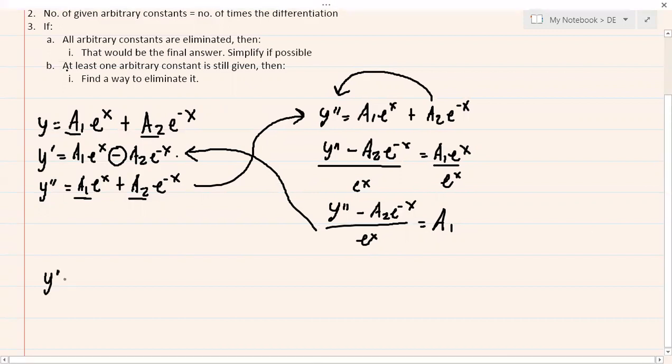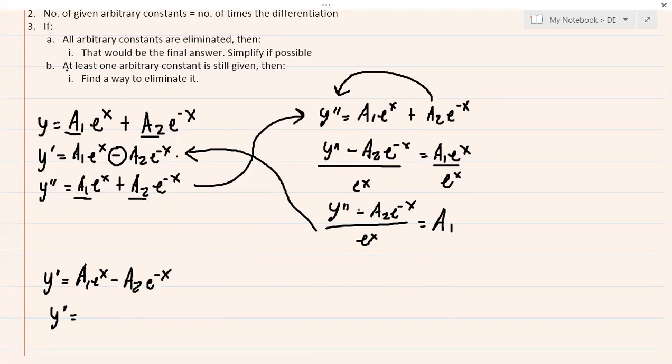So here in y prime, we will have a sub 1 e raised to x minus a sub 2 e raised to negative x. Recall that a sub 1 is y second prime minus a sub 2 e raised to negative x all over e raised to x, right? So that is what we substitute here.